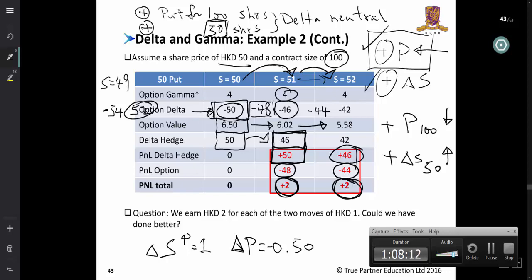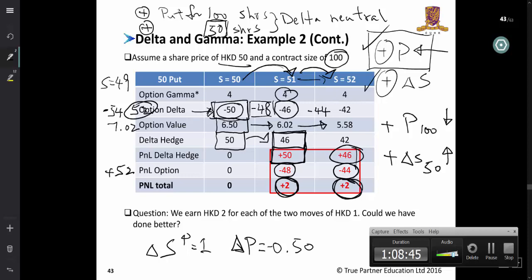So your option value over here is actually going to increase to $7.02. That means you have made 52 cents per option. So your P&L for the options total, you will make $52.